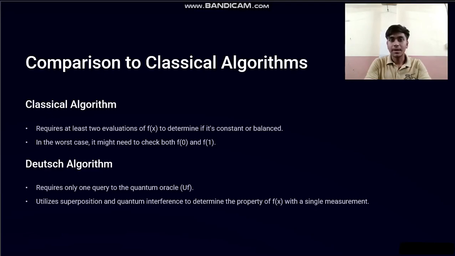The Deutsch algorithm, however, needs only one query, using quantum parallelism and interference to arrive at the answer. This is our first glimpse of how quantum algorithms can outperform classical ones, and it sets the stage for more sophisticated approaches like Deutsch-Jozsa, Grover's, and Shor's algorithms.